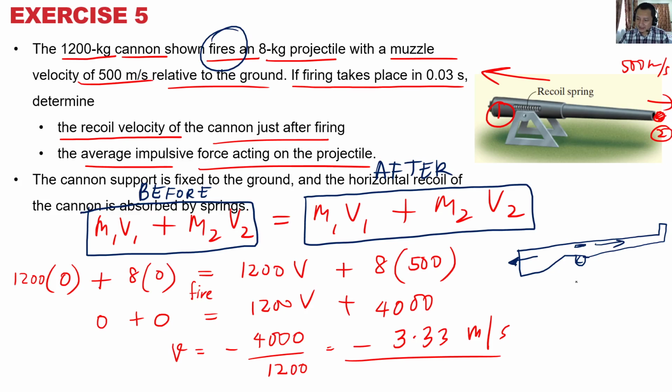So your gun actually goes up and up and up. It becomes not accurate.